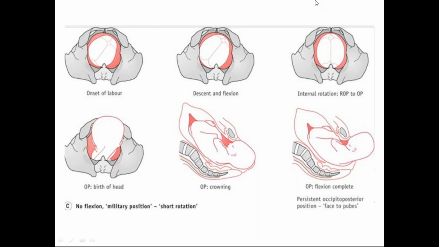Then again there is complete flexion and persistence face to face. First the forehead comes out, then the vertex, then the occiput, and then again nose, face, and this extension.